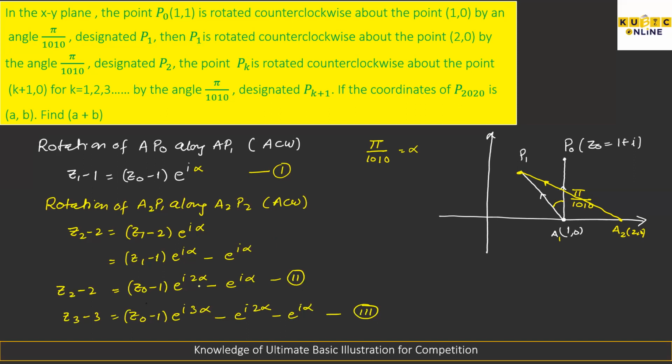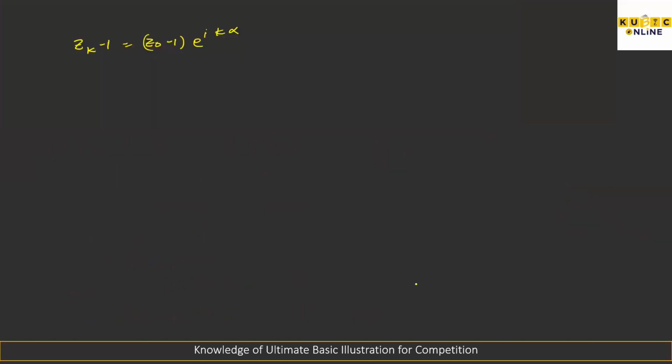Because for z2 we get e to the power I 2 alpha, for z3 we get e to the power I 3 alpha. So for zk we get e to the power I k alpha minus e to the power I (k minus 1) alpha minus e to the power I (k minus 2) alpha, and so on, minus e to the power I alpha.